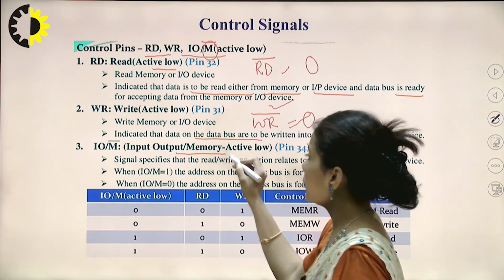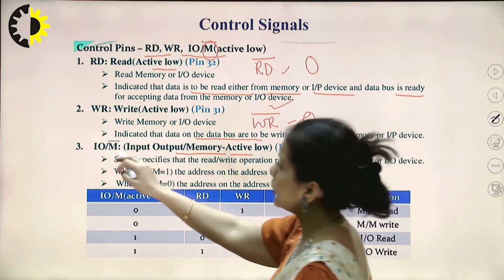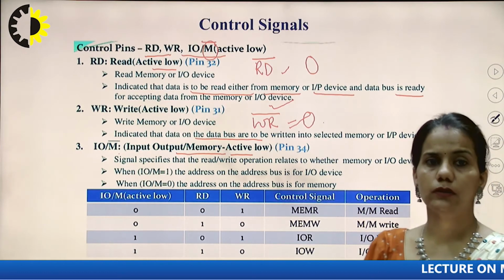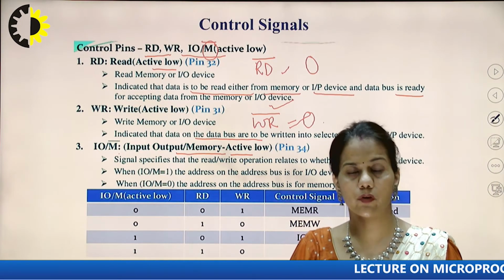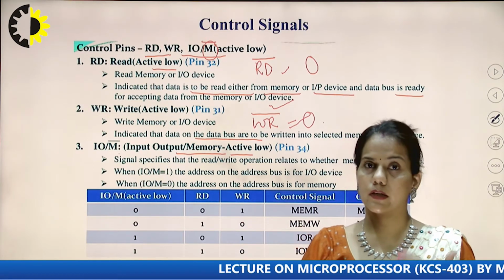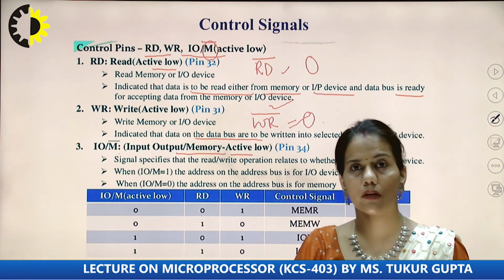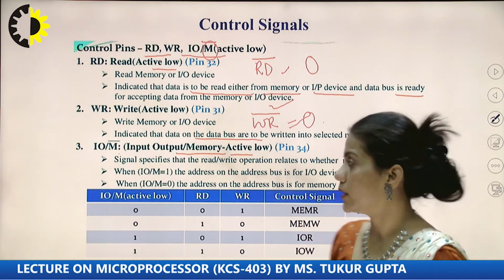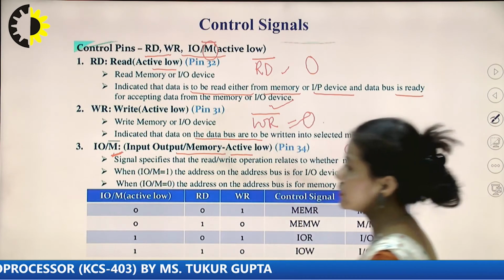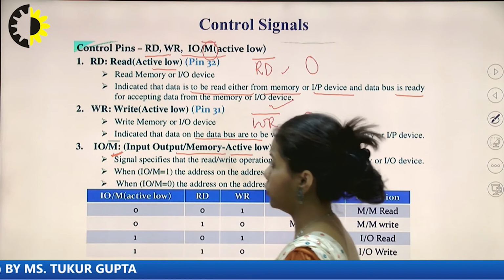Now we come to input output or memory, active low, that is IO/M bar. This signal specifies whether the write or read operation is being performed with the memory or with the input output device. If any memory related operation is being performed, then this signal is 0, because the activation of the memory part is indicated by 0 at this pin, since the memory part is active low.